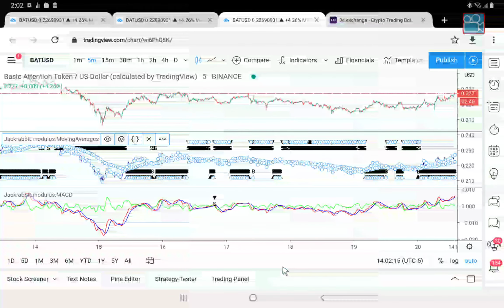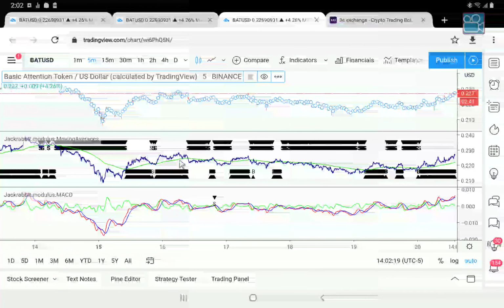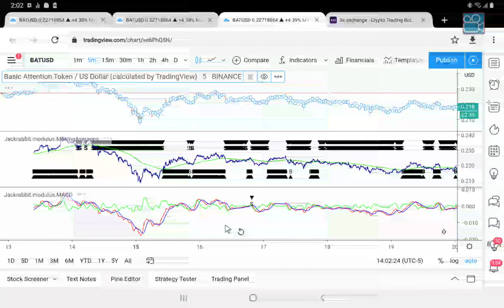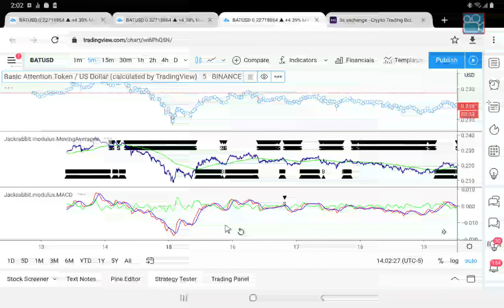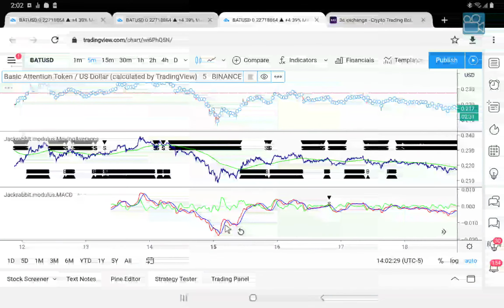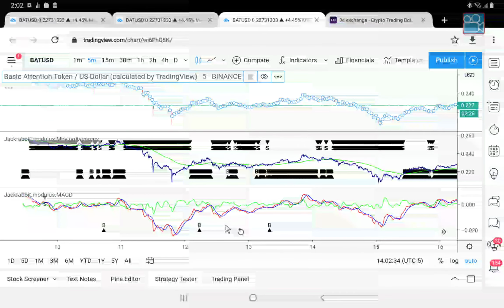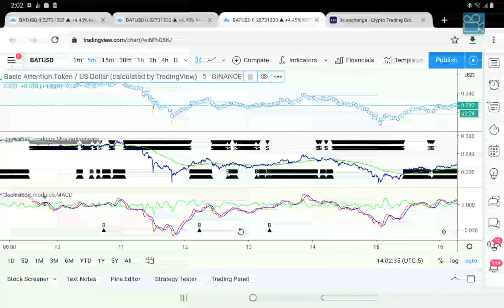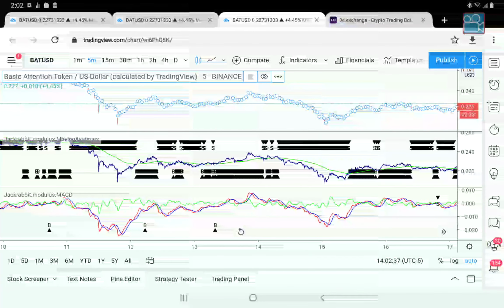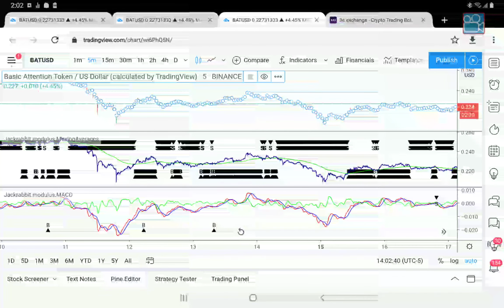So let's look at exactly how this has an impact. As you can see, it doesn't purchase as often. Now remember, this has a 62.5% win rate.